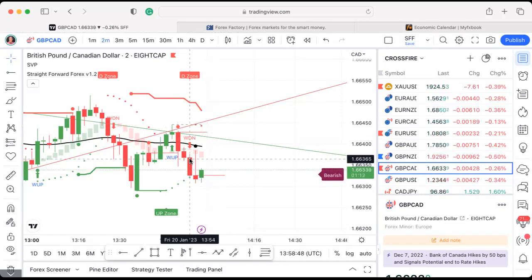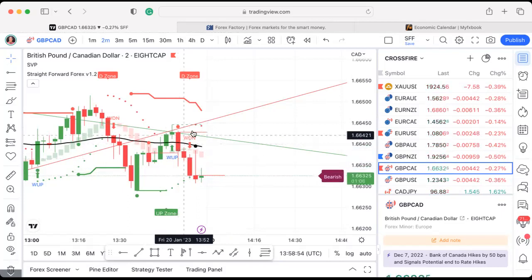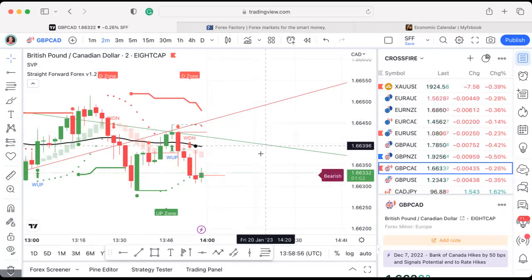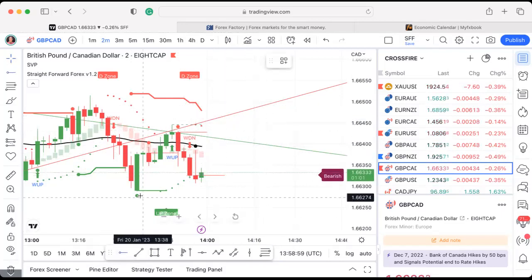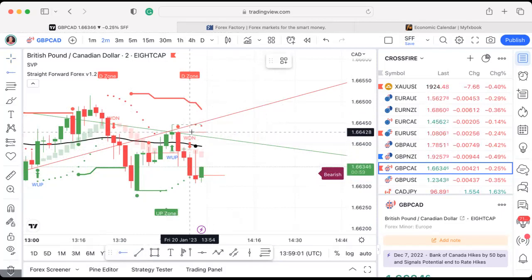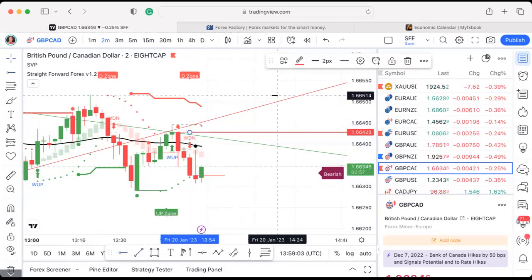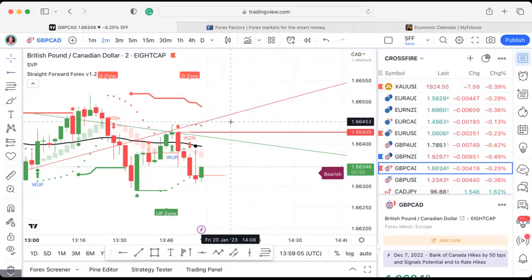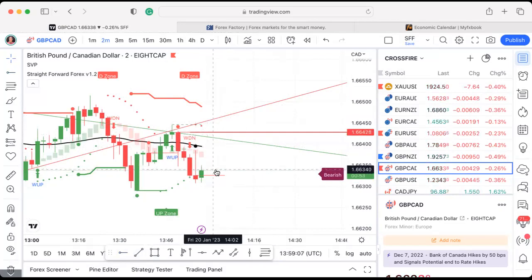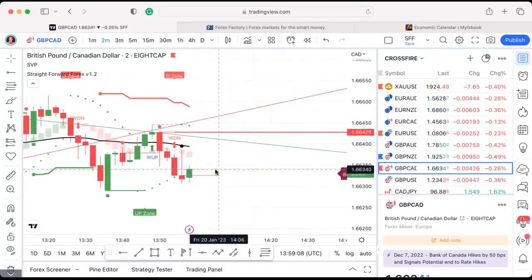Just quickly look at that, 365, 341. There's not enough pips using that one. So if I was going to get in, I would probably use that one. But I'm not going to get in whilst price is heading upwards.